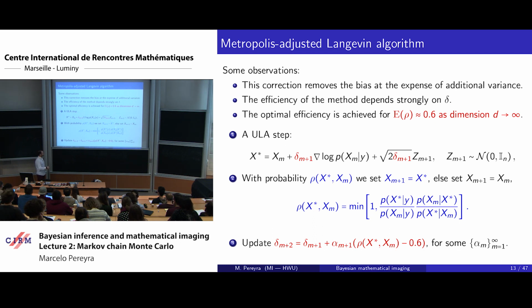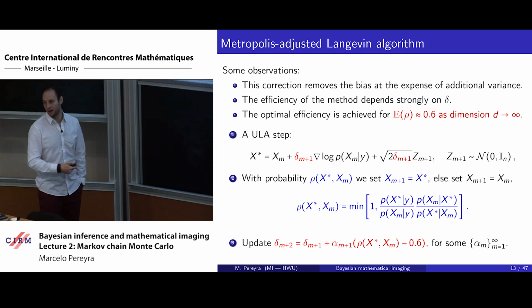So you compensate that by doing a ratio that is the inverse of that. Now, if you're standing at xm and moving from xm to x star, it's very likely you'll penalize that. And the way in which you'll penalize that is with this ratio. So this guarantees that the whole thing converges to this one and not to that, because otherwise you would always be moving according to this transition kernel.